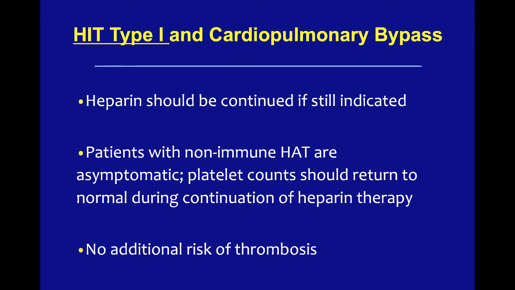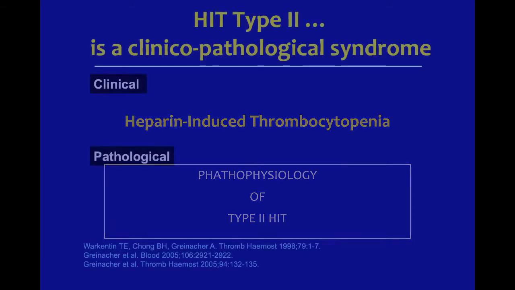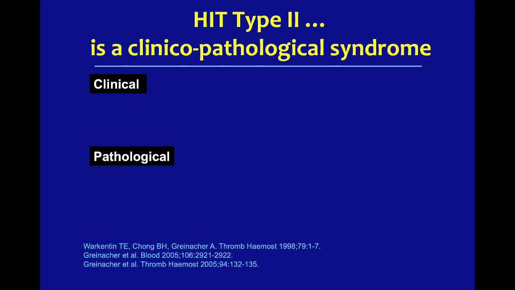So again, HIT type 1, we're not afraid of those cases. Heparin should be continued if it's still indicated. You don't present an additional risk of thrombosis there. But let's talk about type 2. And let's first look at the pathophysiology of this. It is a clinico-pathological syndrome.